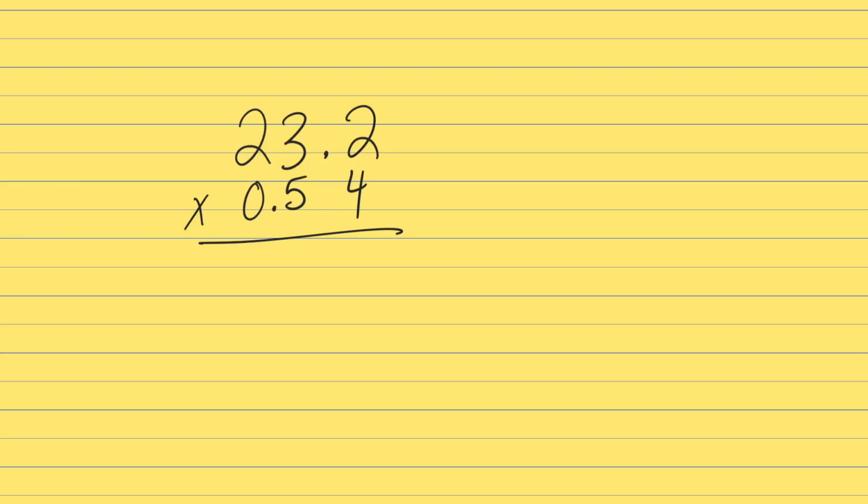Ka-chow! So let's look at this. We're going to look at this problem 2 different ways. The first way is getting rid of these decimals, because I don't like these decimals. So we're going to make that into 232, and we're going to make this into 54. So if you think about it, we made that 100 times bigger, and we made this 10 times bigger.